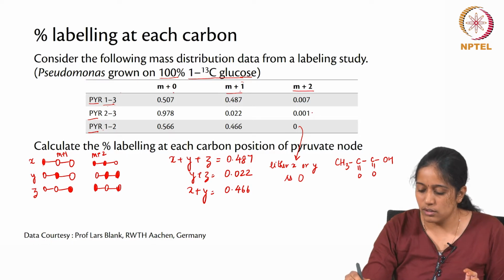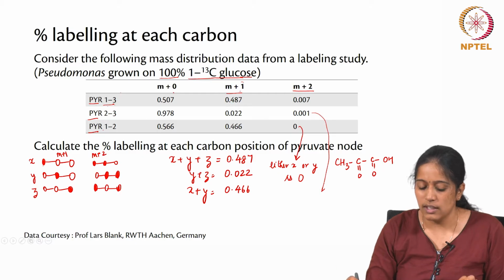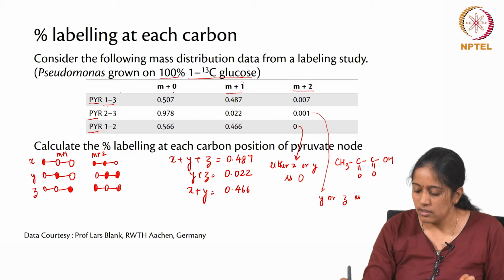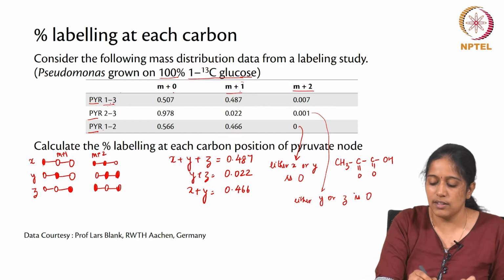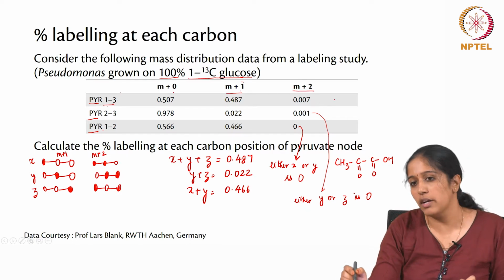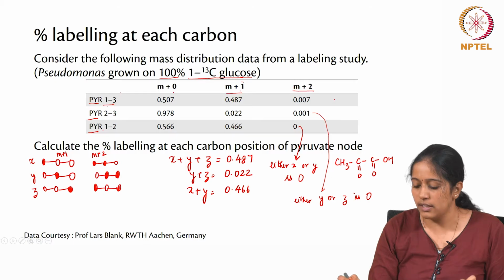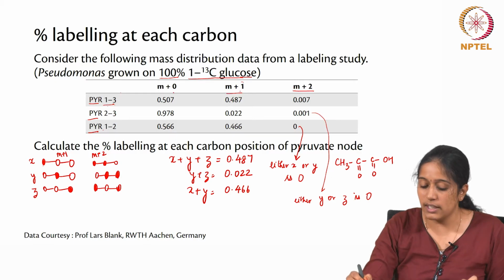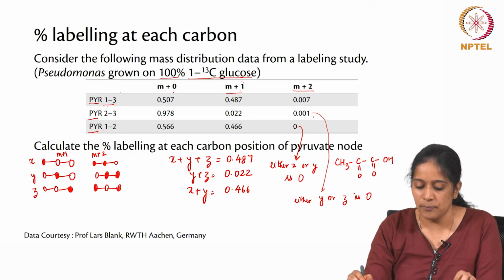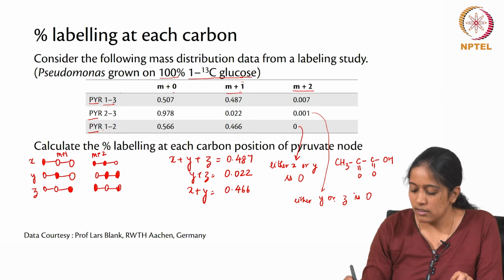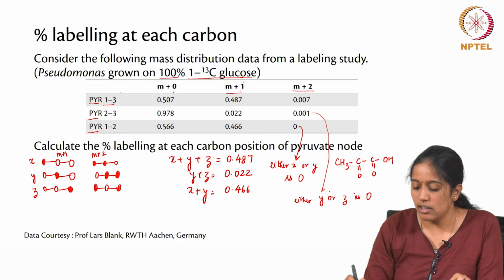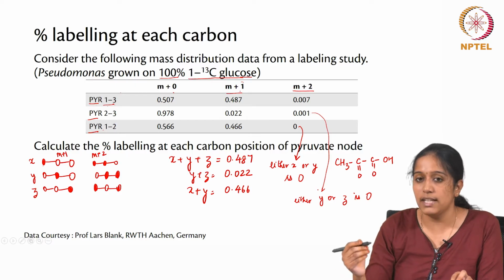From this I can infer that Y or Z is 0. So I can say that either X, Y or Z is 0. But if you look at the M+2 fragments for pyruvate 2,3 and 1,2, you can see that Y has a higher probability of being 0.